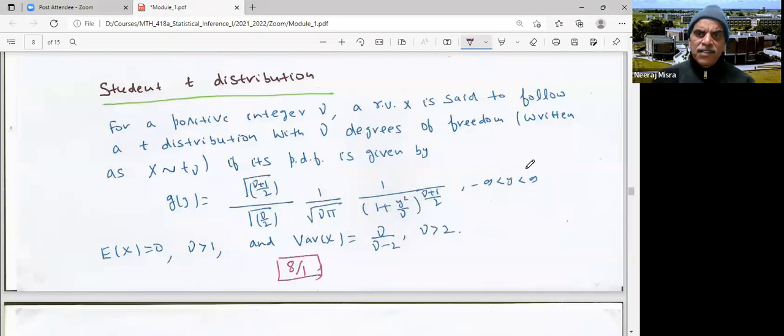And y can take any value from minus infinity to infinity. One can check that this is a proper PDF, that this quantity, if integrated from minus infinity to infinity, g(y) dy will be 1.